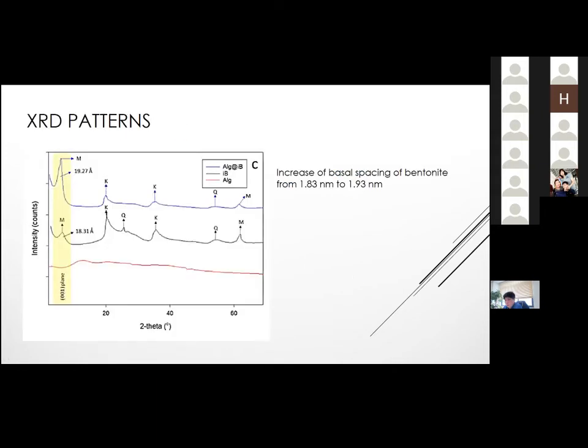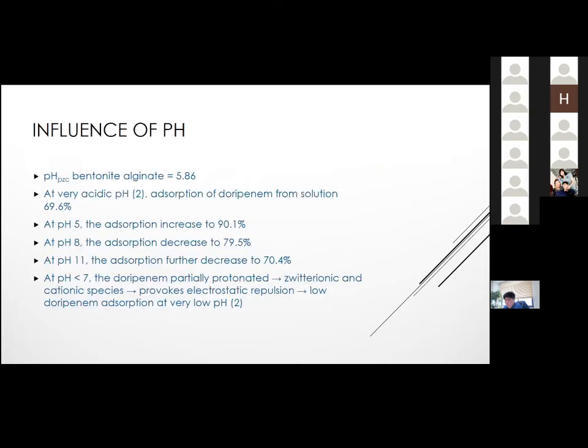Okay, so for this material, the bentonite and the alginate bentonite, we try to use this material as the vehicle for doripenem, the drug for treating infection of the respiratory tract.